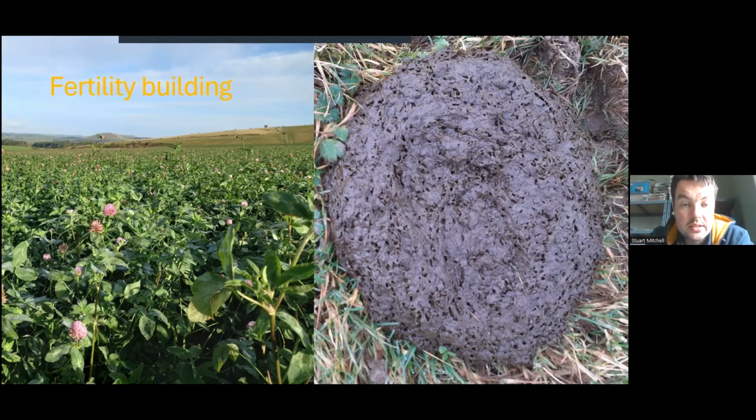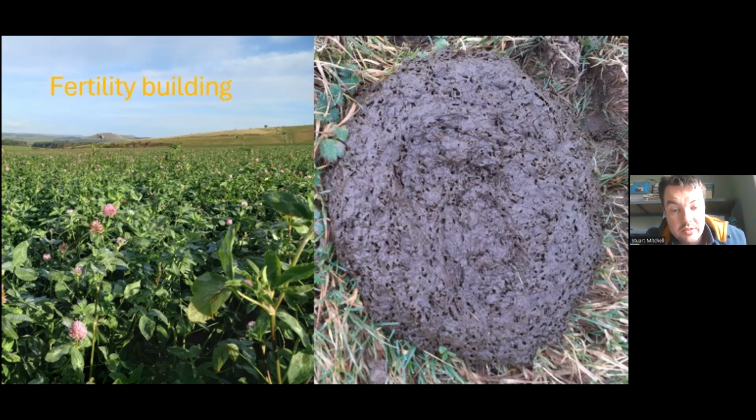So when we plant our herbal ley, it's quite important for us that there's basically no ryegrass in it at all, because when you plough that back out again to go into cereal, it can just become an absolute nuisance, and ryegrass is not really any good anyway in a herbal ley.